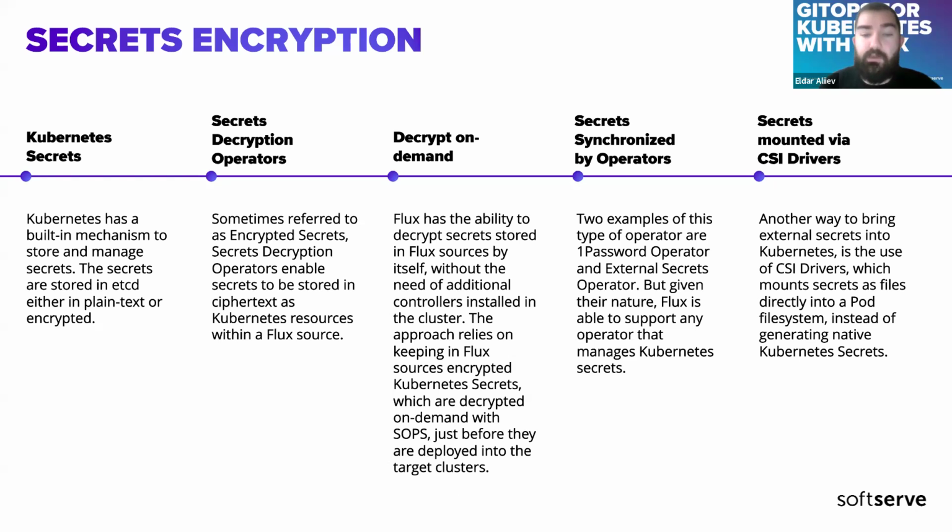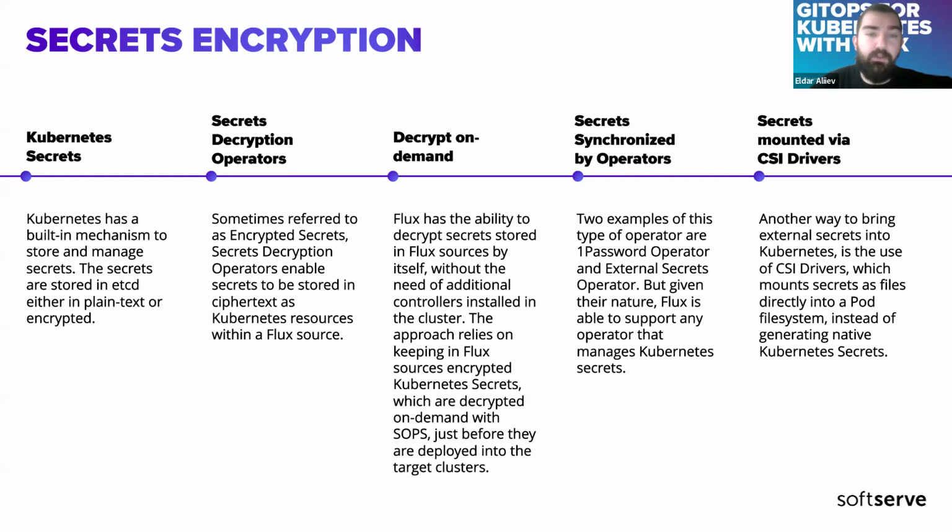In this case, on our side, we use the SOPS utility to encrypt the secret. Then we push and store that secret in the Git. And we also share the private key for our SOPS with the Flux. And Flux will be able to perform the decryption of the resources on demand.